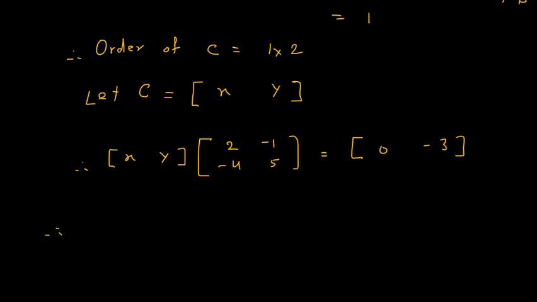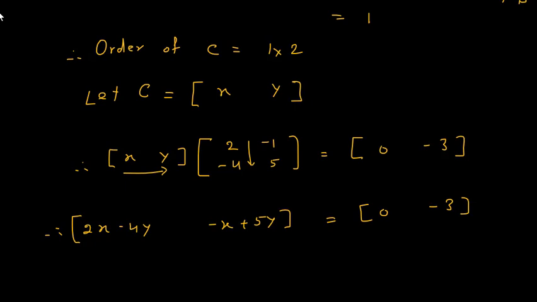So therefore here this is multiplied by this column, so we get 2x minus 4y as the first element. We have a matrix with only one row, so no need to draw the matrix too big. 2x minus 4y is the first element, and minus x plus 5y is the second element, and it is equal to 0, minus 3.